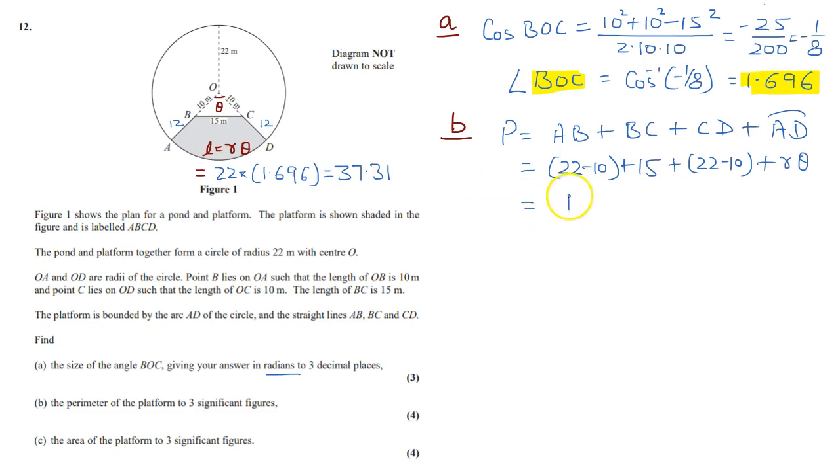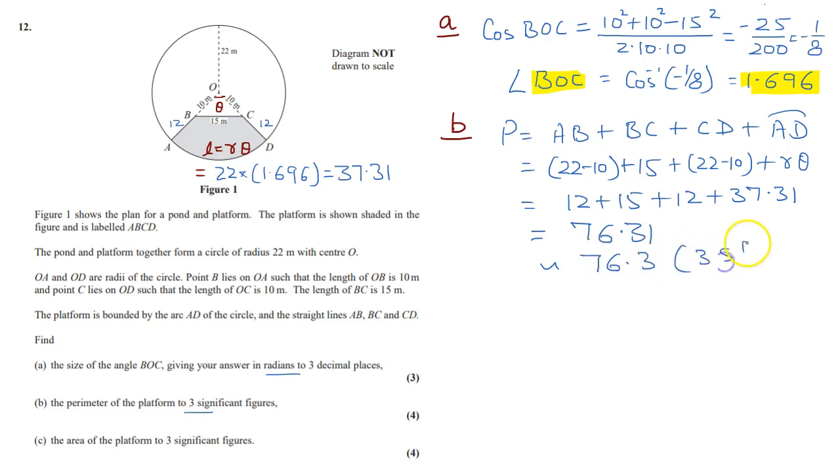So that is 12 plus 15 plus 12 plus 37.31. So that is equal to 76.31. We have to find it to 3 significant figures, so that is 76.3.